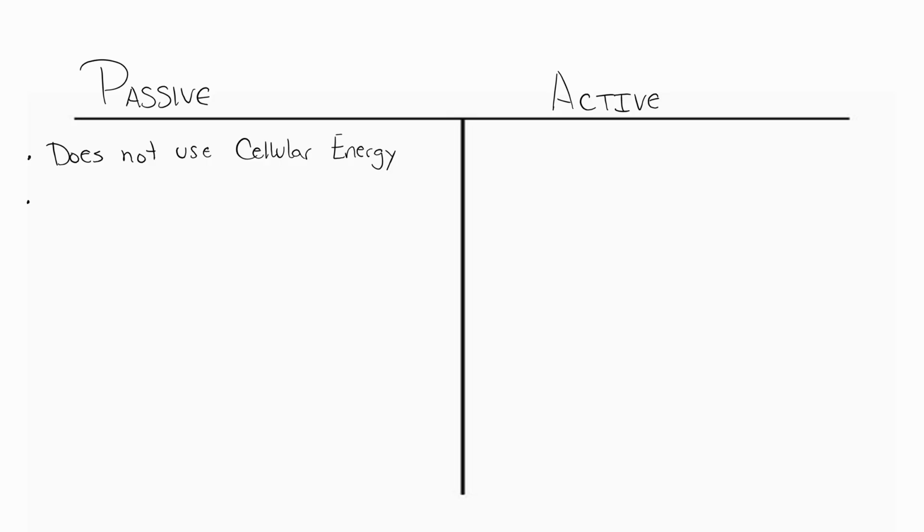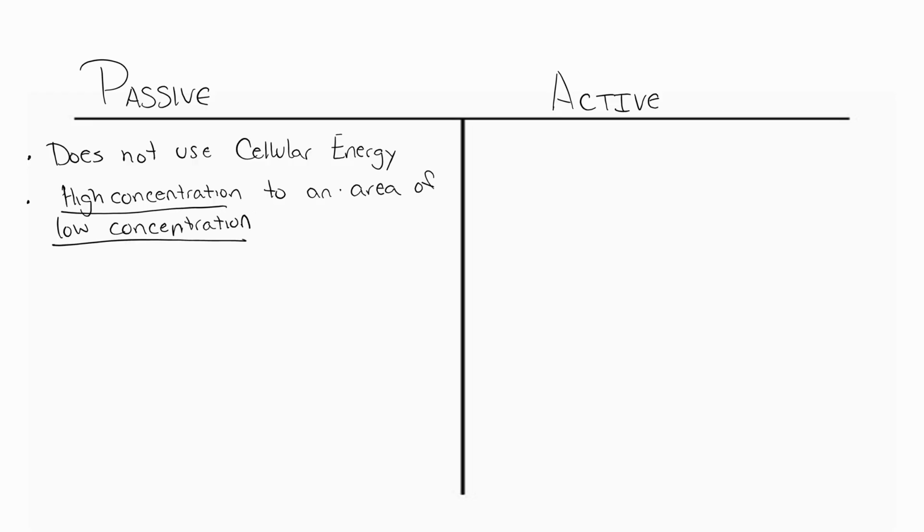And again, with passive transport, we're moving from an area of high concentration to an area of low concentration. So with this high to low concentration, we don't have any energy because that's how molecules naturally want to move. So a couple examples of those molecules moving, we have diffusion, we have osmosis, and we have facilitated diffusion.